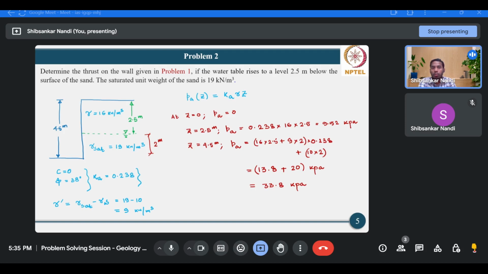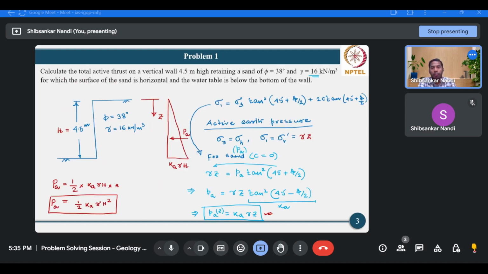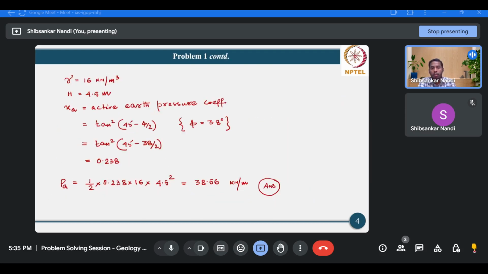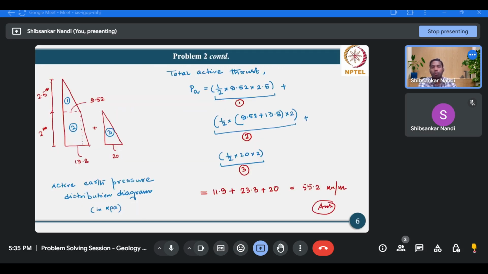Now, due to this water table, what will be the change in the total active thrust that we have calculated in this problem 2? If we make a comparison between the total active thrust calculated in problem 1 and problem 2, then we can easily see that there is a rise in the total active thrust due to the inclusion of the water table inside the backfill.